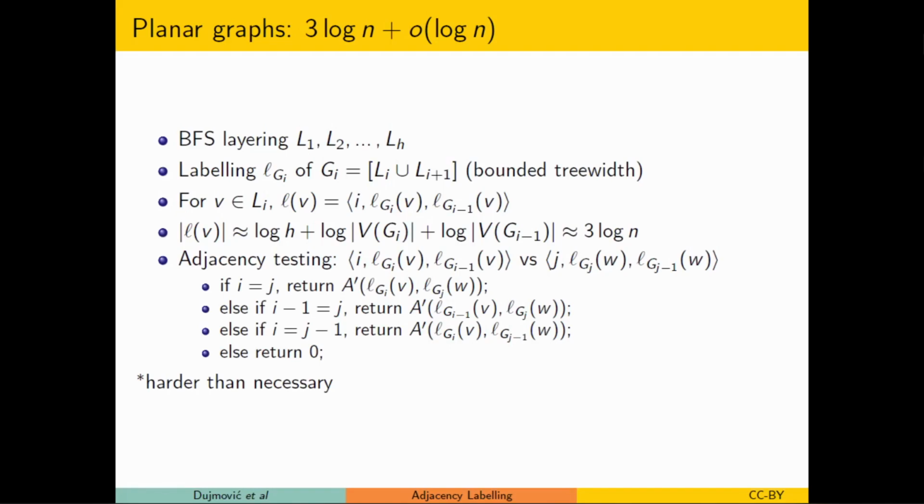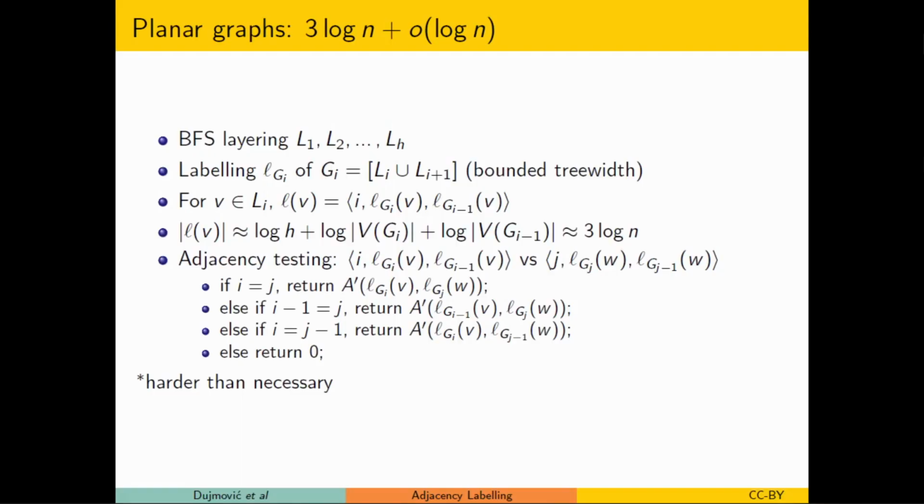If I minus 1 equals J, then I have this as part of the label for V. I use it with that. And if I equals J minus 1, similar thing. And if none of that is true, that means I and J differ by more than 1, then they're definitely not adjacent because edges are always between consecutive BFS layers or the same BFS layer.